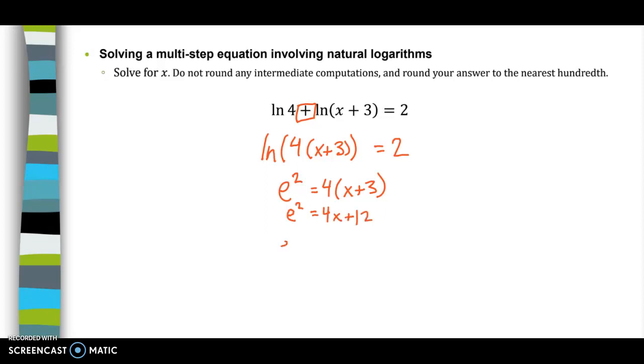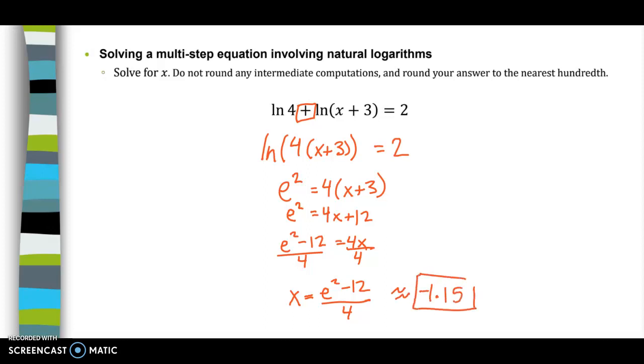Subtract 12 and I get e squared minus 12 equals 4x. Then divide everything by 4. So x is going to be equal to e squared minus 12 divided by 4, which after all that we get approximately negative 1.15.